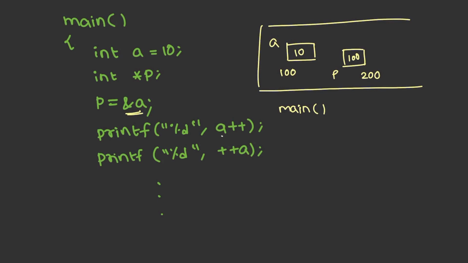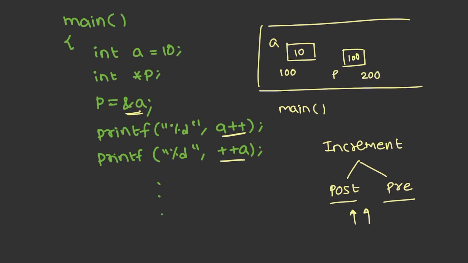Now here I want to talk about increment and decrement operators because people tend to have a misconception about this. We have two types of increment operators: the post-increment operator and the pre-increment operator. In both cases the value tends to increase.